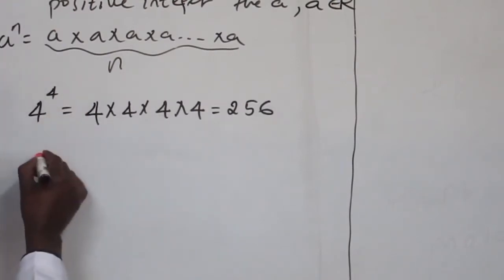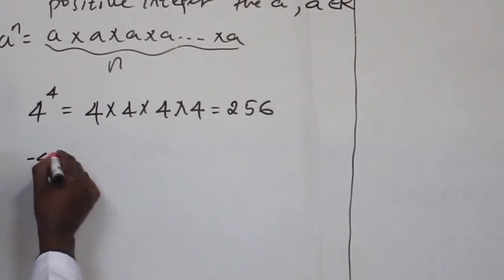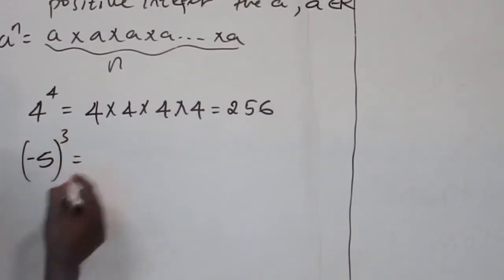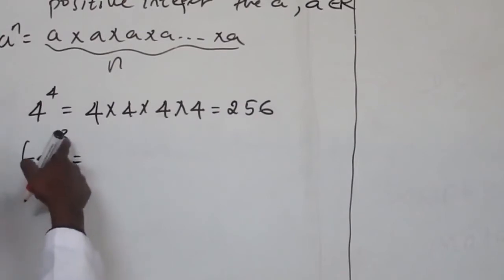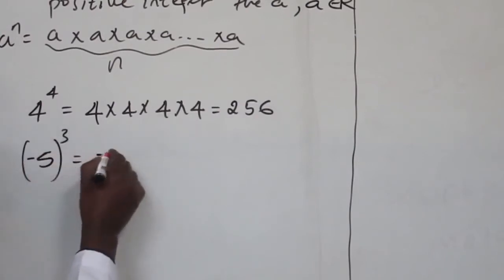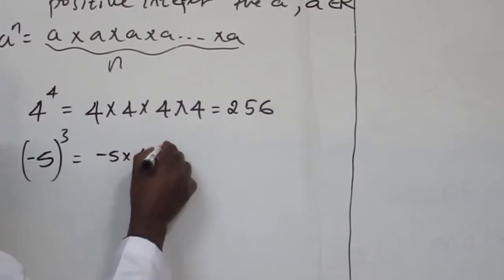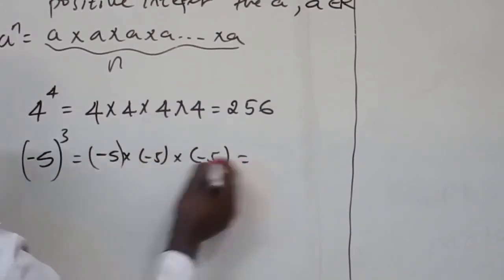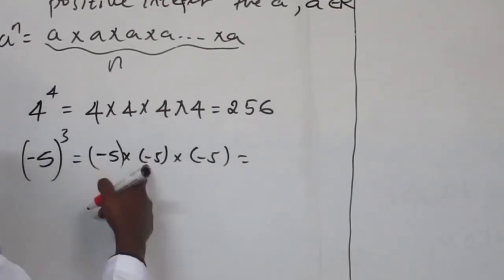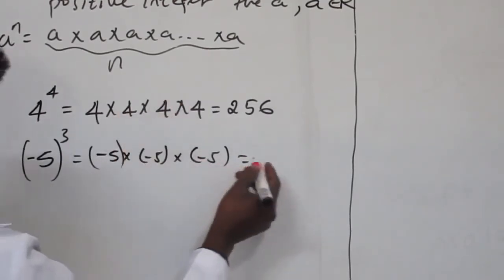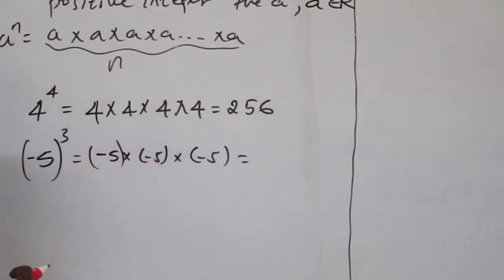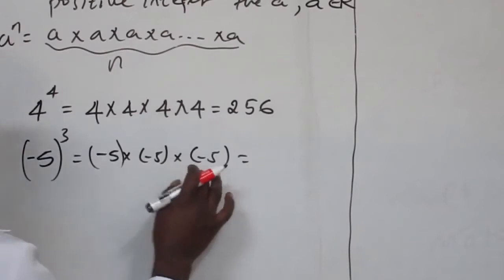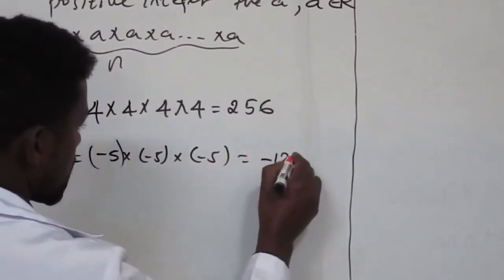Let's take another example: negative 5 to the power of 3. This means we multiply negative 5 three times: negative 5 times negative 5 times negative 5. Negative 5 times negative 5 is 25, and 25 multiplied by negative 5 is negative 125.